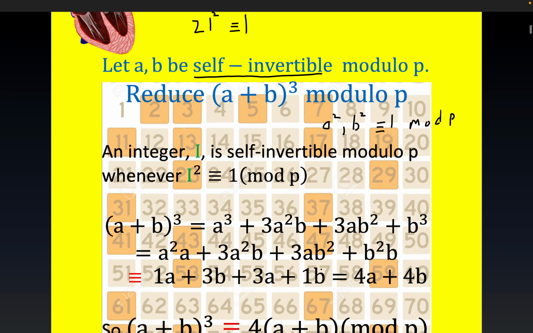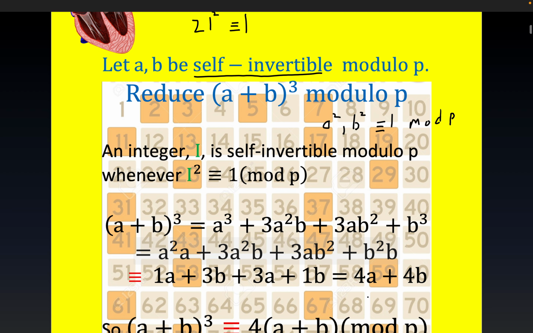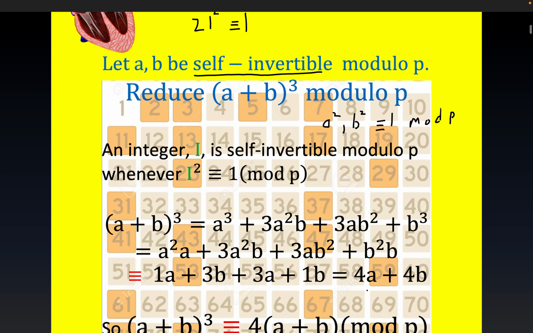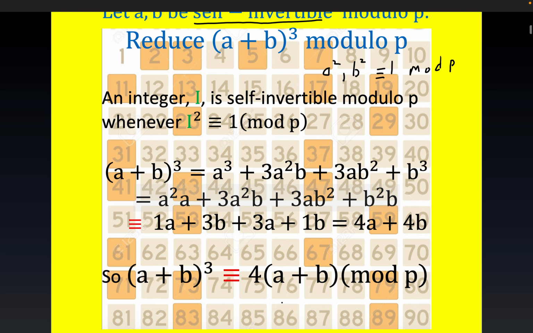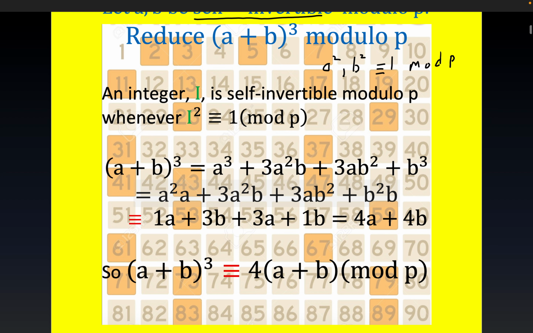And so you get this fairly quickly. It's equal to 4 times A plus 4 times B, and of course you can distribute and write it this way. And so we have reduced A plus B cubed down to a simple linear expression. Again, it relied heavily on the fact that the elements were said to be self-inverting.